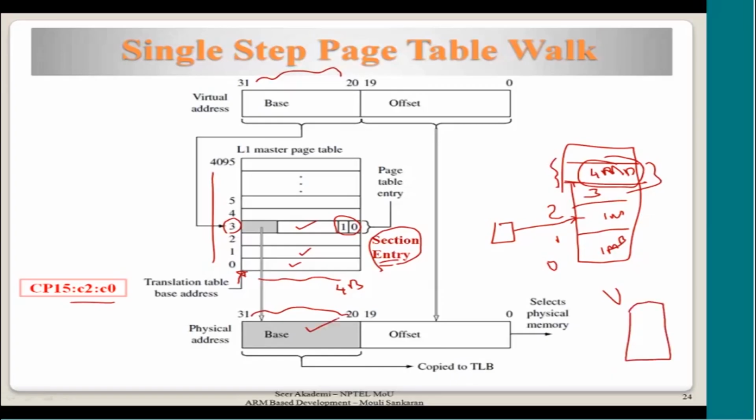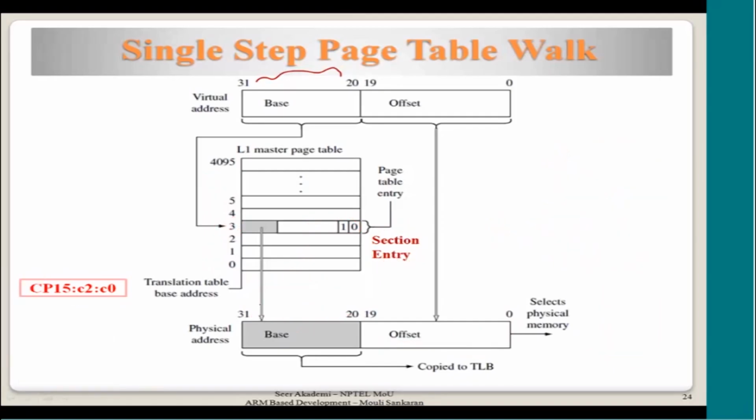That is why you see that 20 bits of offset are there, because 20 bits correspond to a 1 MB space, so it can index into this 1 MB. So this is how it is mapped. I hope this is clear to you.